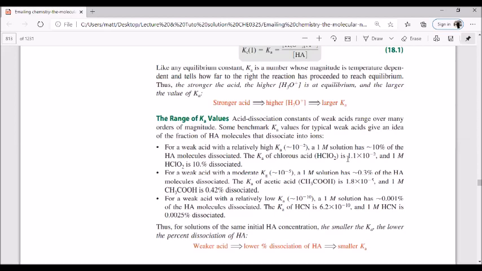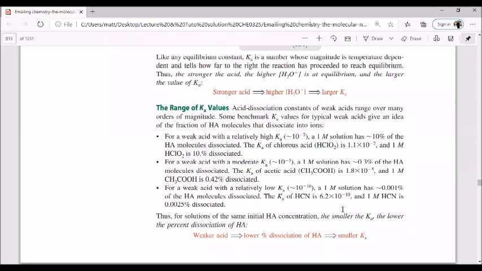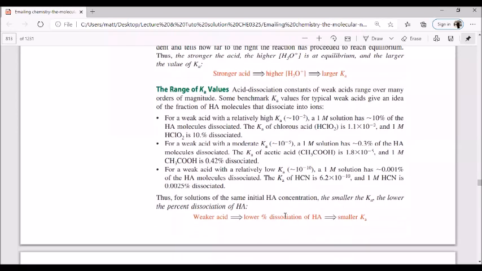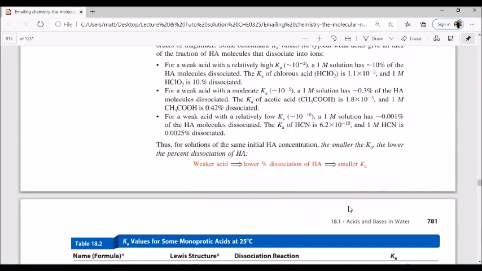So you can see, 10 negative 2 is considered a stronger weak acid, 1.8 times 10 negative 5 is a moderate weak acid, and 6.2 times 10 negative 10 is considered a weaker weak acid: lower percentage dissociation of HA, smaller Ka.